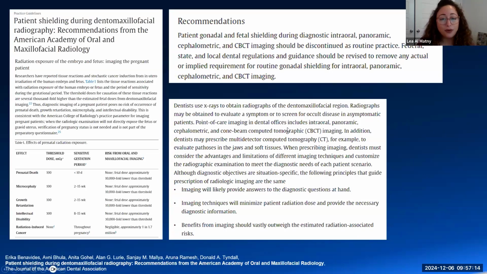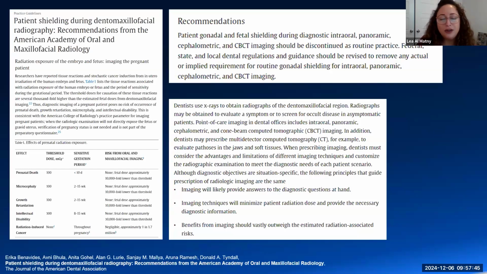But this recommendation came from AAOMR, and then it was confirmed by the ADA, where they state that patient shielding is not necessary anymore, whether it's for 2D, 3D, young patient, adult, pregnant patient, senior patient. So it doesn't matter which patient you're using imaging on.